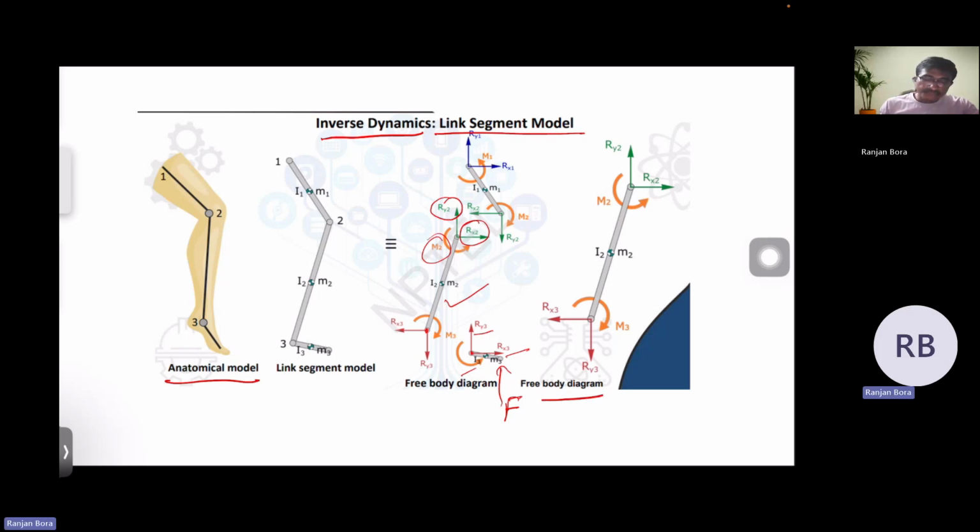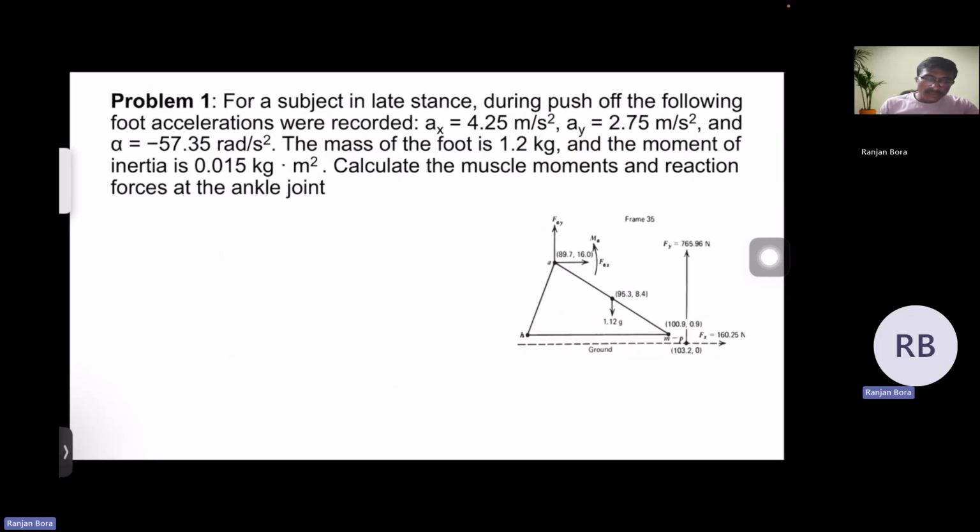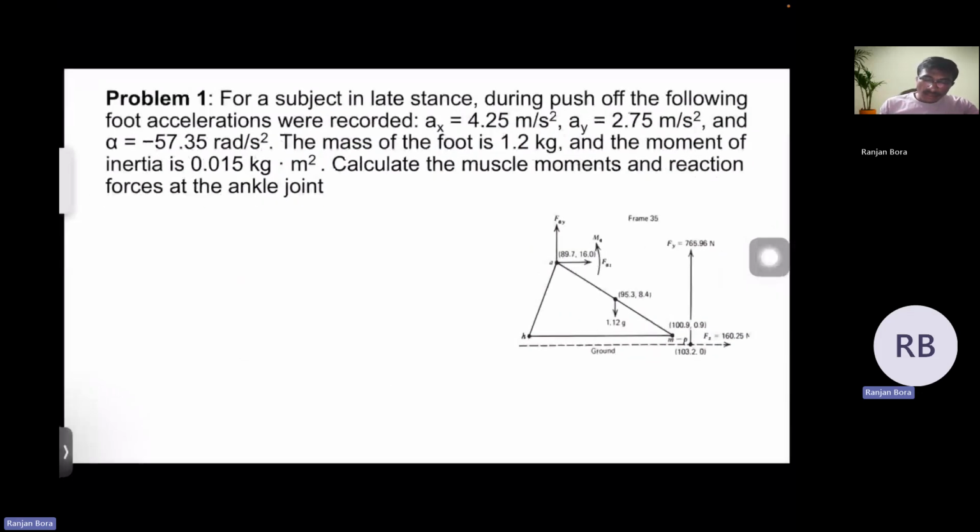So now I will solve one problem using this concept. First, I will estimate the reaction force at the ankle joint from this problem. Then in the next problem, I will use this reaction force and moment at the ankle joint to estimate the reaction force and moment at the knee joint. So this is the first problem.